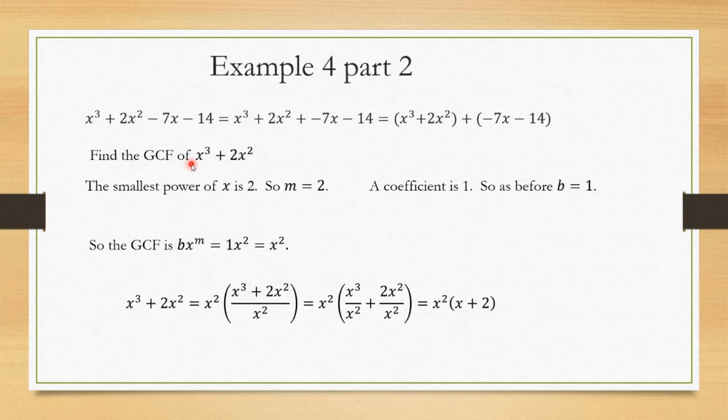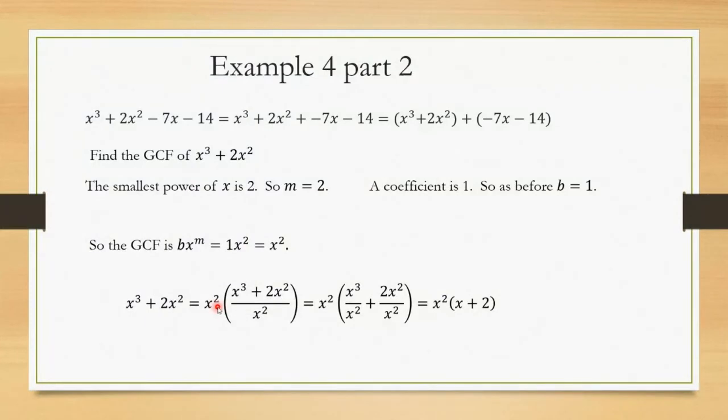A coefficient is 1, right? Well, if the coefficient is 1, the greatest common factor among the coefficients must be 1. So in that GCF notation, B is 1, M is 2. Okay, that's good. So what we get then for the GCF of this group is 1 times x squared, which is just x squared. So with the first group, the GCF is x squared.